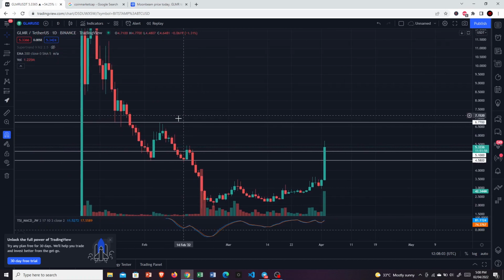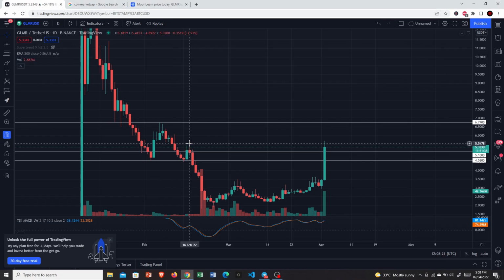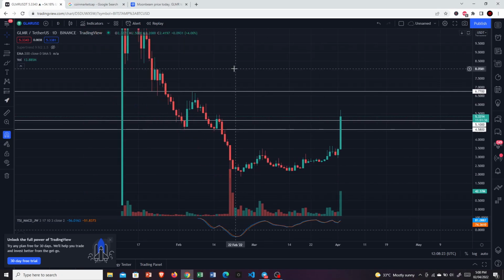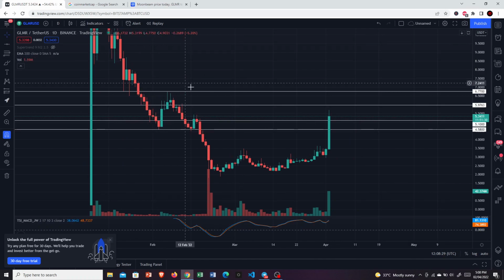So you guys can see over here, this line is being respected by these resistances. As you can see, we got rejected, and this line is acting as a support. We got an uptrend over here, but it was a small one, but we got one. Okay, so these are the important levels. I will place another level below this candle.